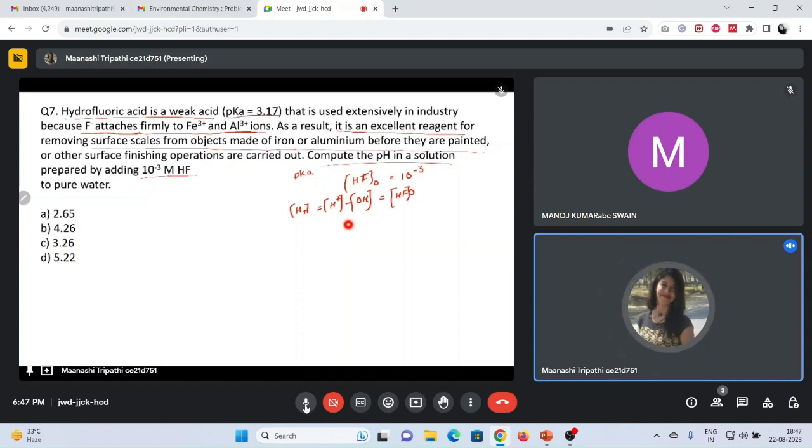Okay, this will be the solution, but since pKa is given, we need to find other approaches to solve this question. Please try to solve this question. We'll see the solution in a while.